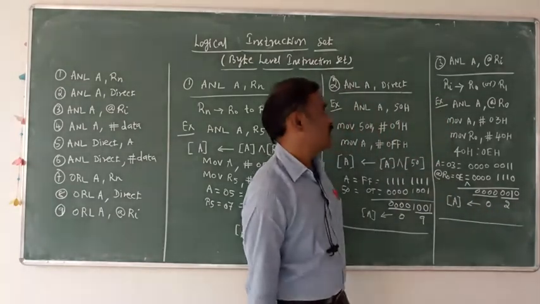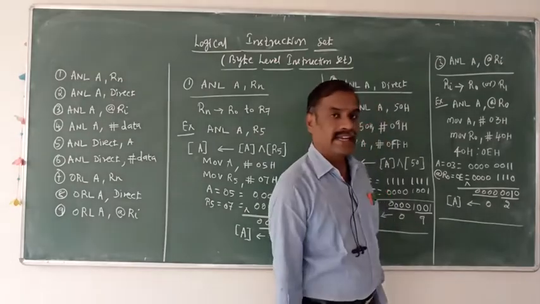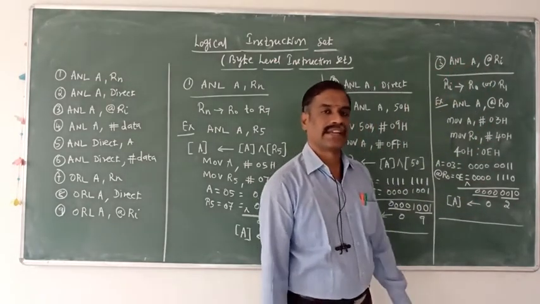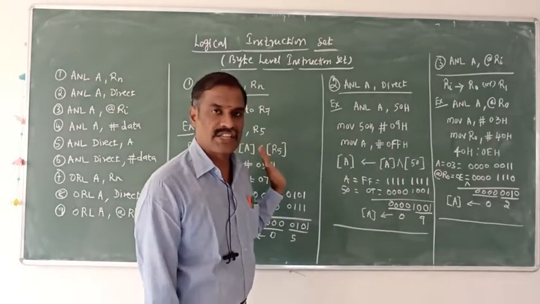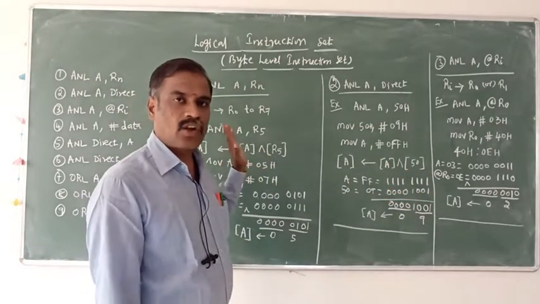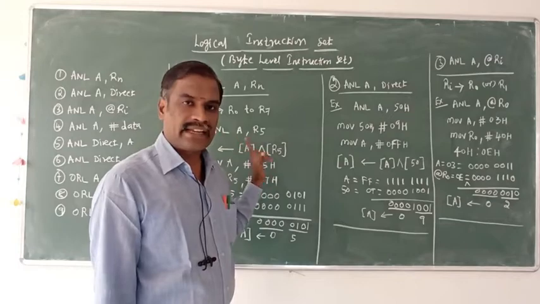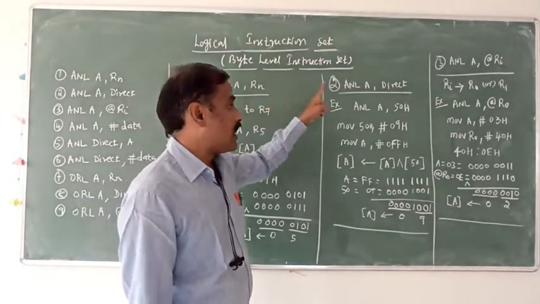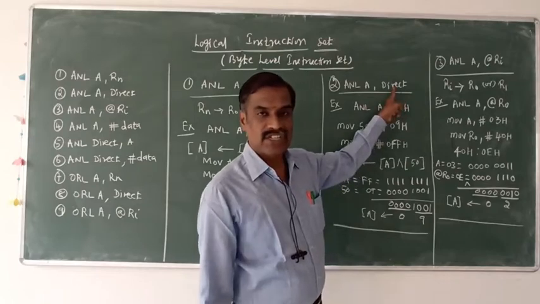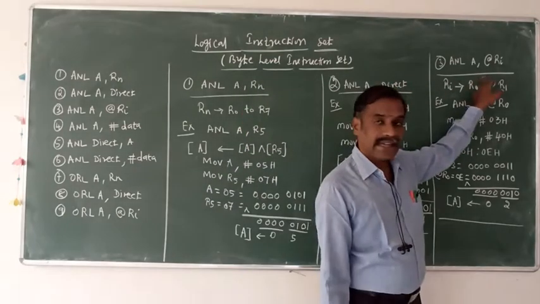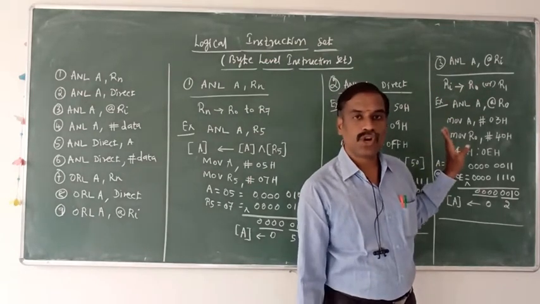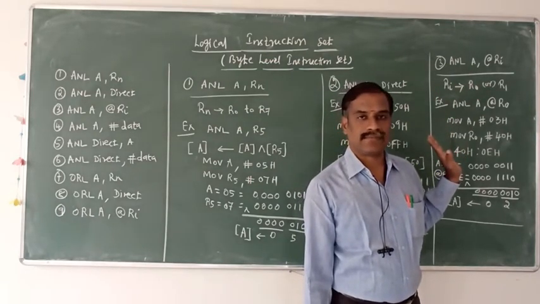This is the operation of logically ANDing the accumulator with the indirect memory address location data. All the three instructions logically AND data 1 in the accumulator. The second data will be either register, direct memory address location data, or indirect memory address location data, and the result always moves to the accumulator itself.